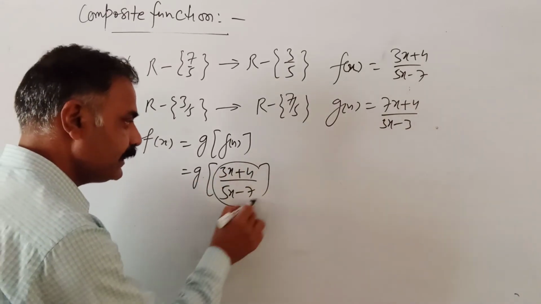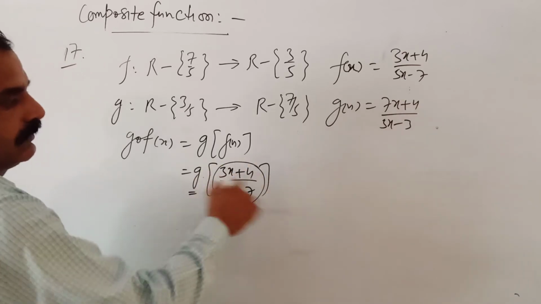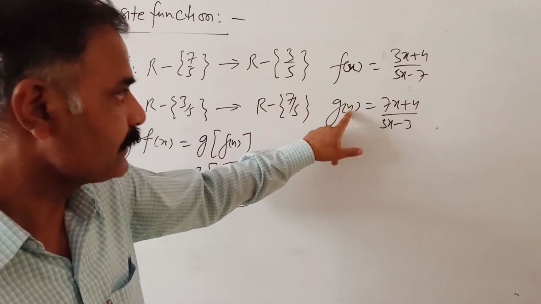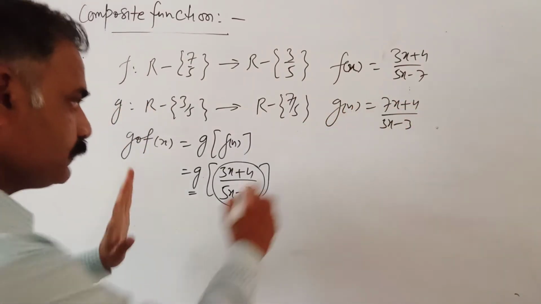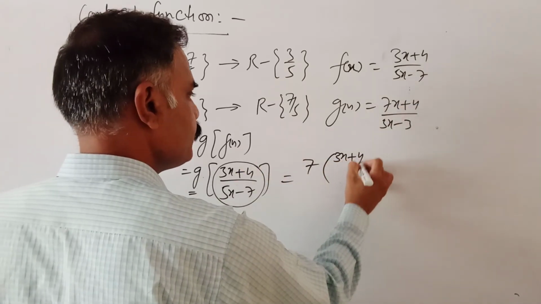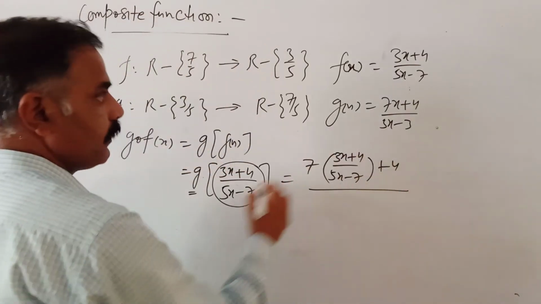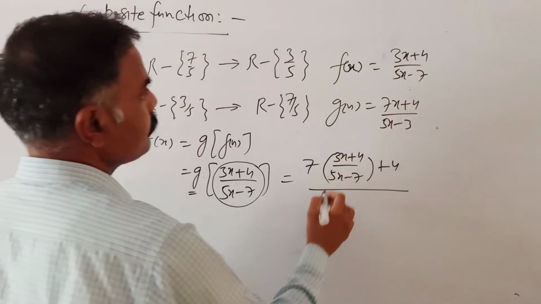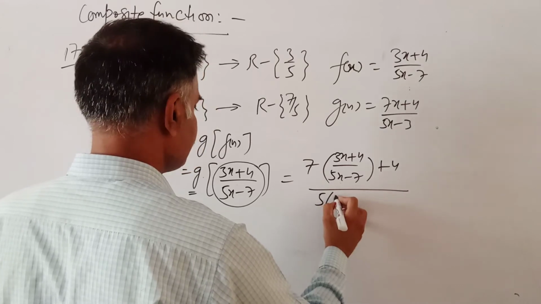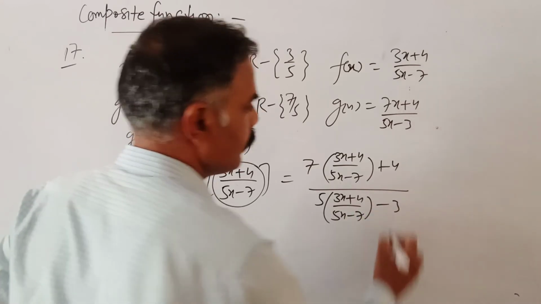Here this will be treated as the element for g, and we find the image of this rational function under g. The image of x under g is (7x plus 4) upon (5x minus 3). So this equals 7 into (3x plus 4) upon (5x minus 7), plus 4, upon 5 into (3x plus 4) upon (5x minus 7), minus 3.